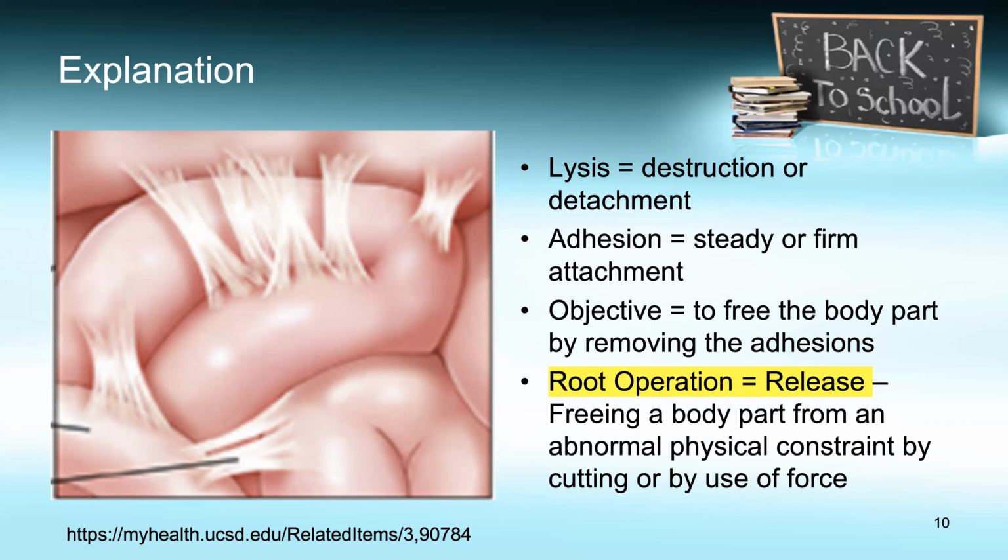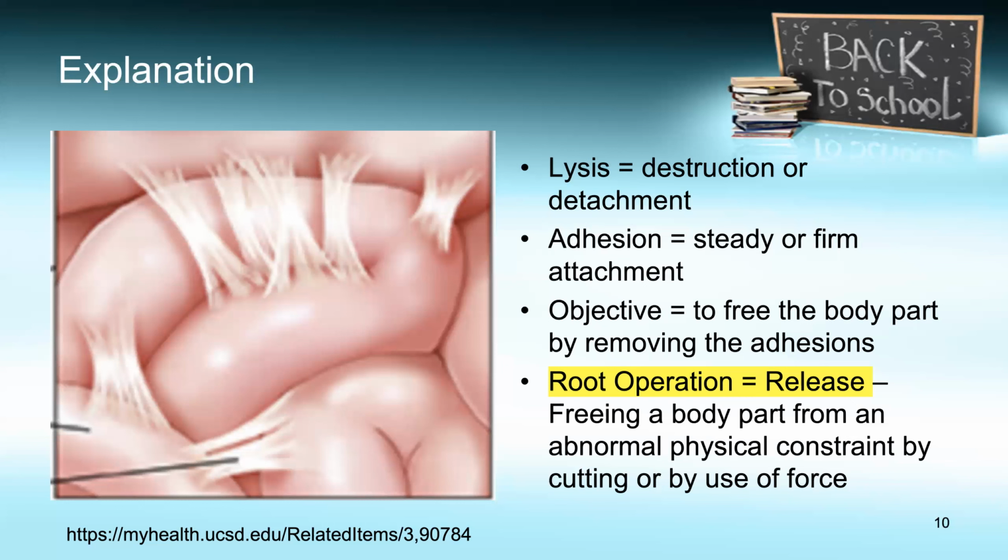So we know they're trying to destroy or detach, and it's the adhesions that they're trying to eliminate, right? To free up the organ. So the objective is to free the body part by removing the adhesions. So that objective is our key.